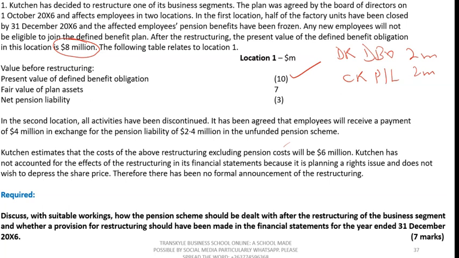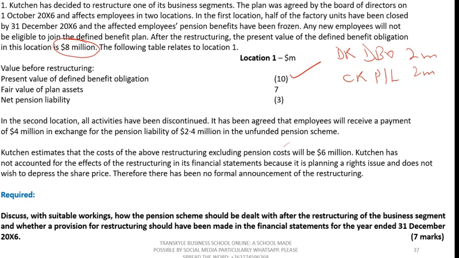So it is now agreeing that the employees who were party to this plan are going to receive a payment of 4 million. This payment is a settlement. So there is curtailment with settlement in this case.